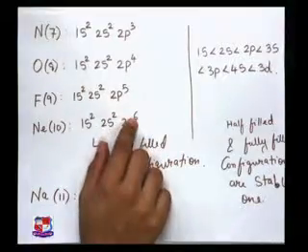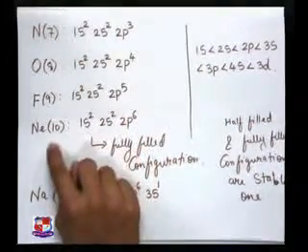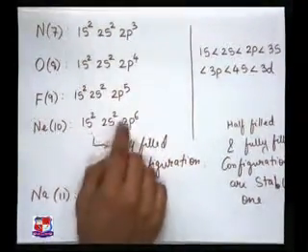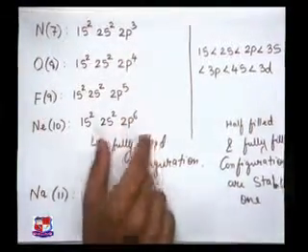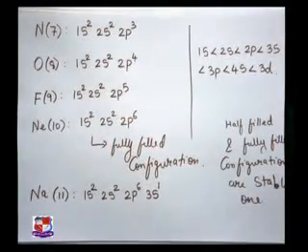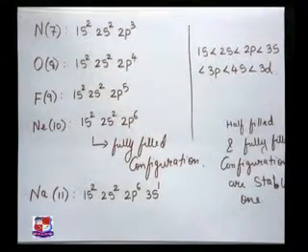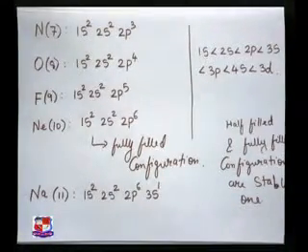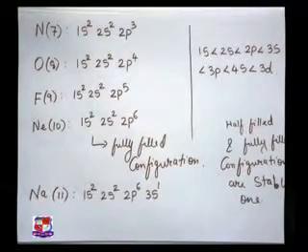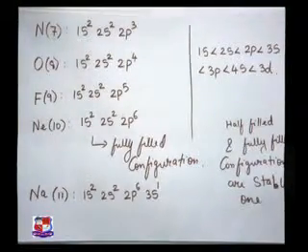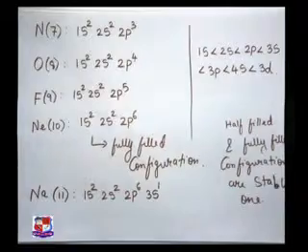Look at neon, which has a fully filled configuration. That's why it is included in the inert gas category. As all its orbitals are completely filled, it is not going to take or give any more electrons to anyone.